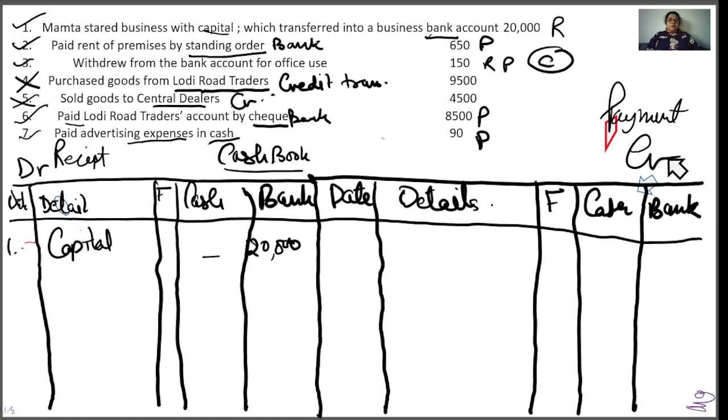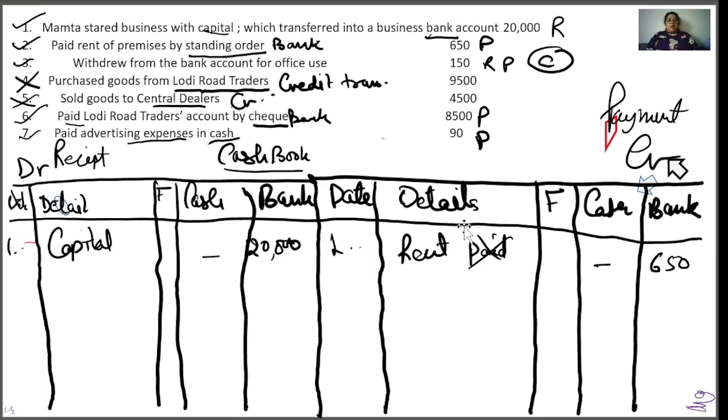Next I wrote P, so it means we need to record on the payment side, the credit side. For what? For rent. People write paid also, so wrong. Only the rent account is affected by this transaction. And because it's a standing order, the bank account also, 650 you need to write down in the bank column.